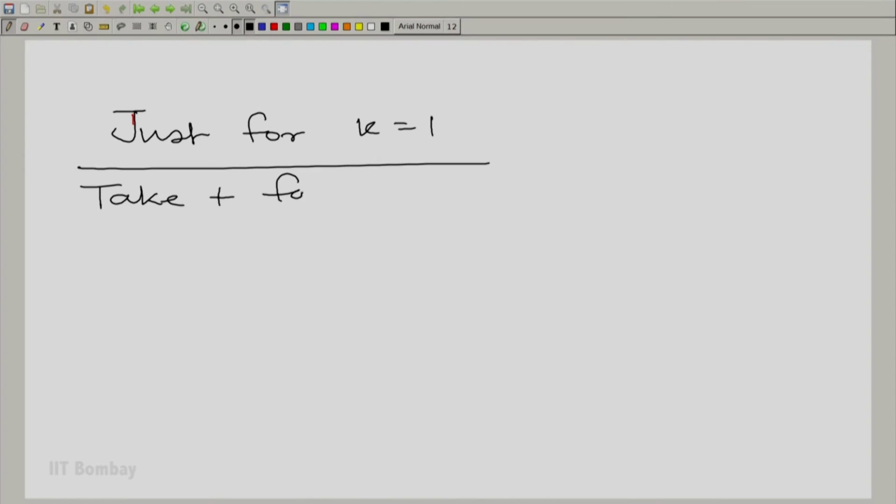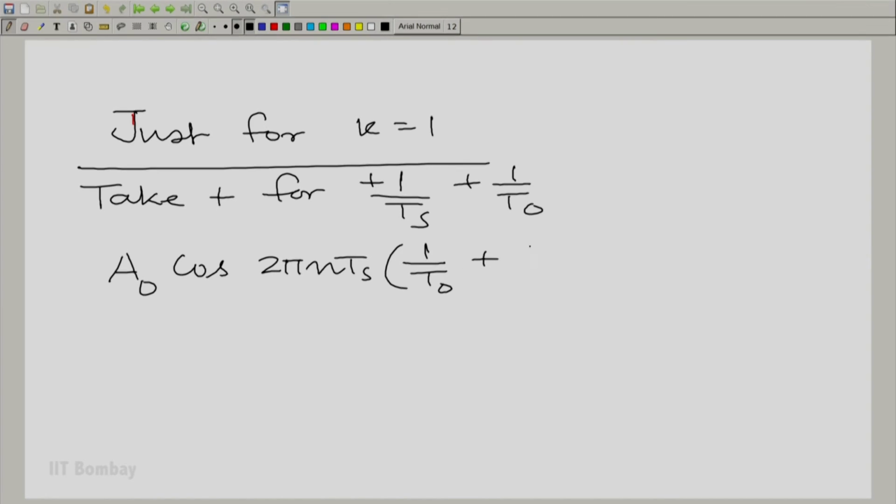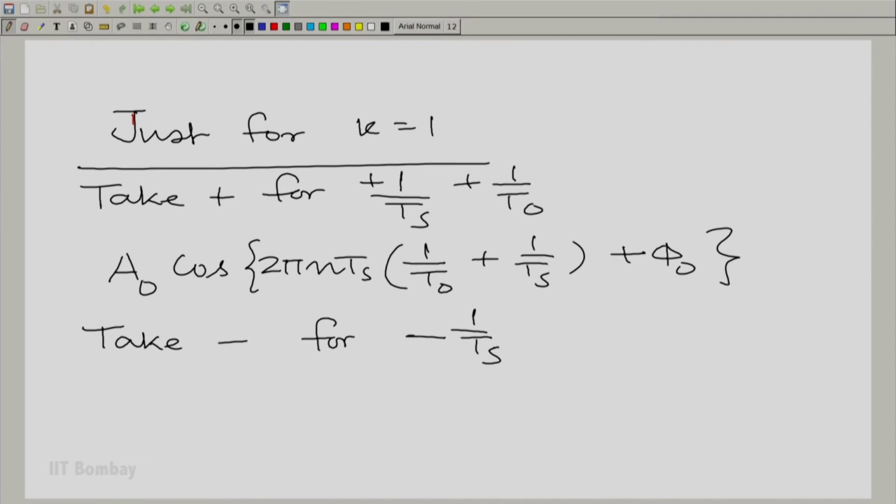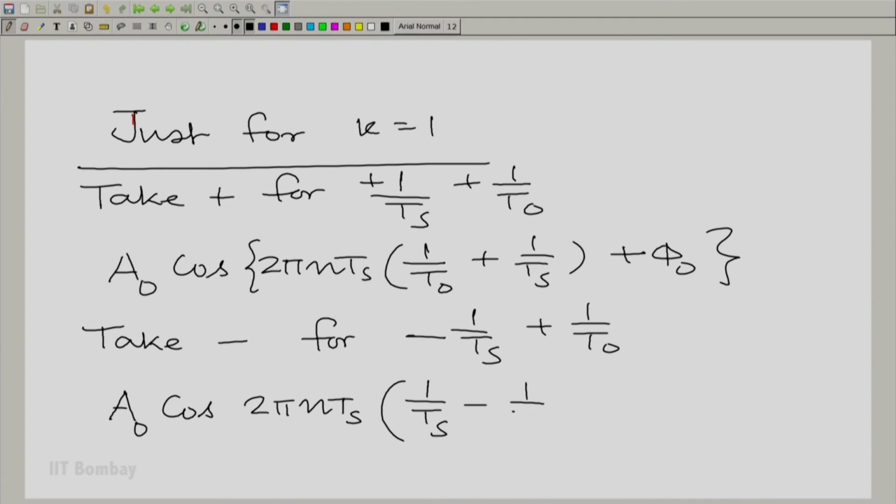So, let us take plus for 1 by Ts plus 1 by T0, which tells you the expression is A naught cos 2 pi n Ts into 1 by T0 plus 1 by Ts plus phi 0, and take minus for the case where we had a negative frequency, so as not to confuse ourselves with a negative frequency.